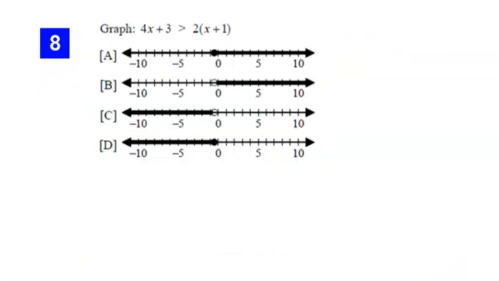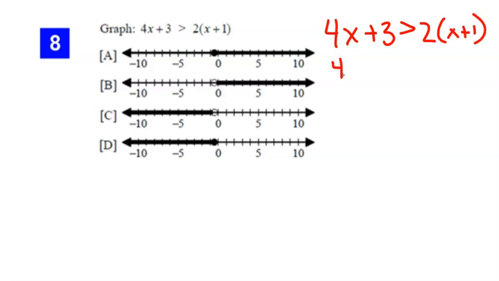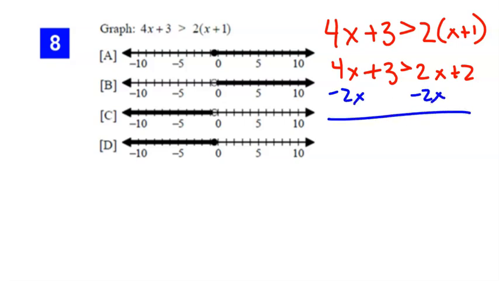Question number 8 asked us to graph the inequalities, so I'm going to do a little manipulation over here in my workspace. I'm first going to distribute the right-hand side, giving me 2x plus 2. I'm going to subtract 2x from both sides so that I can get all my variables together.